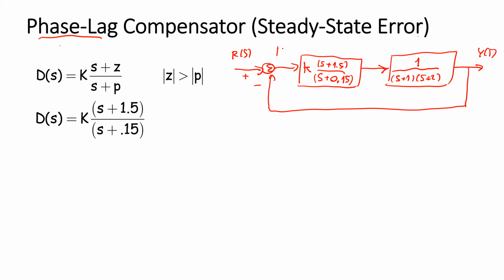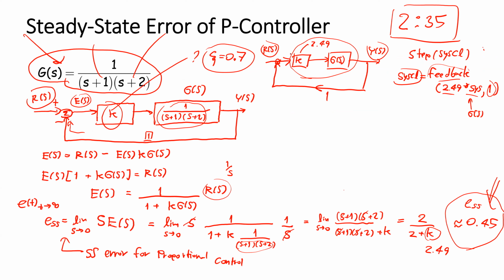The error of the feedback system, if we derive the block diagram again, the error of the feedback system is going to equal 1 per 1 plus k.